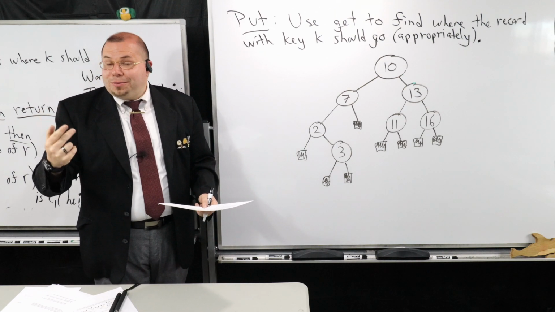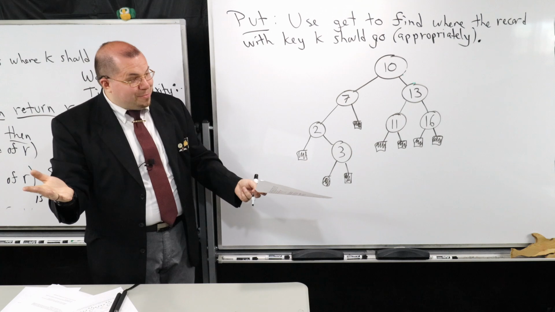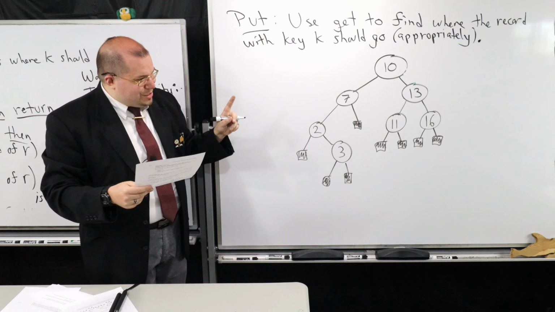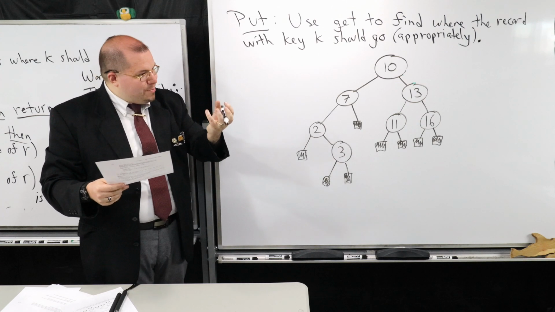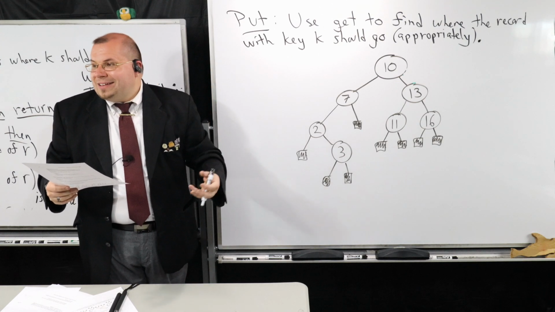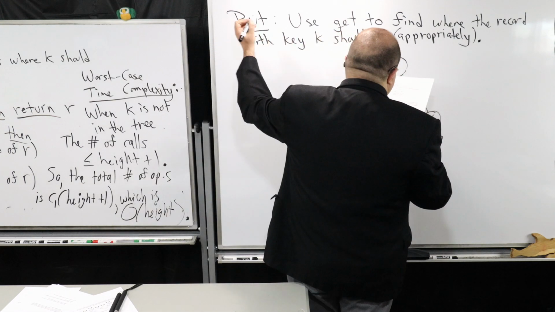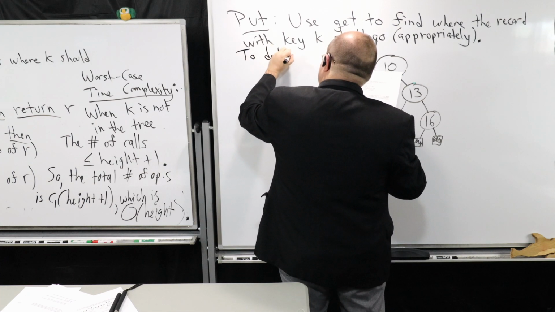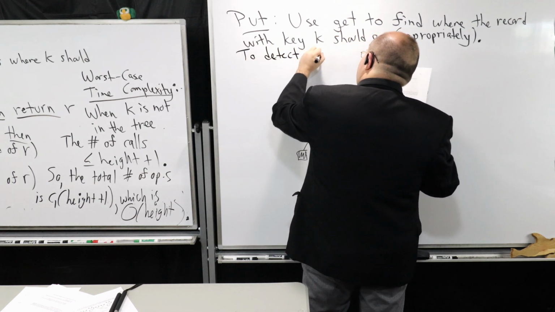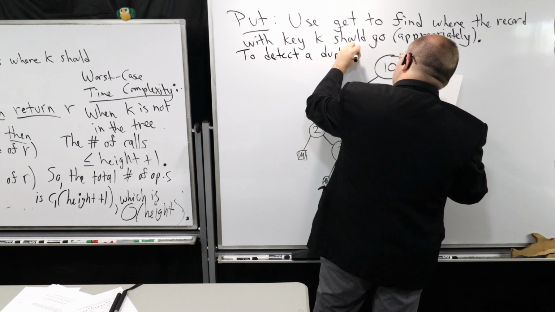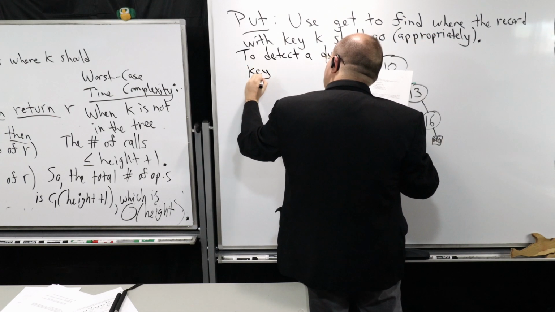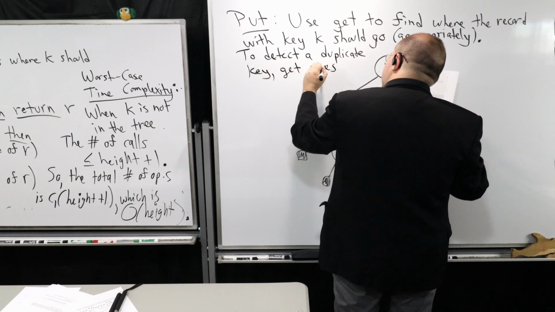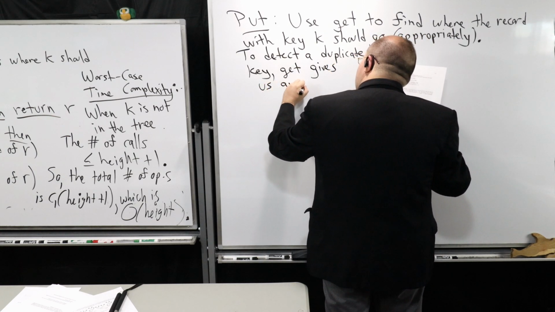If it's a leaf node, then we have a brand new spot where we can put it in without a duplicate. Does everybody get it? So if I'm doing this get operation at first and I've run into an internal node, that means I found it already. So to detect a duplicate key, get gives us an internal node.